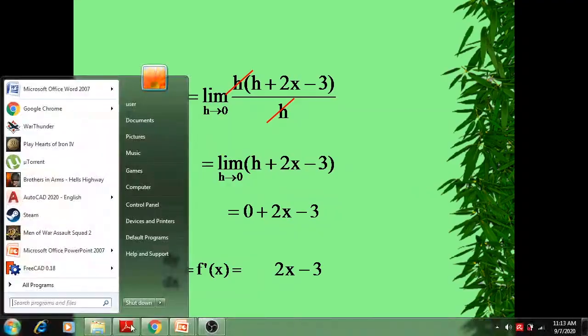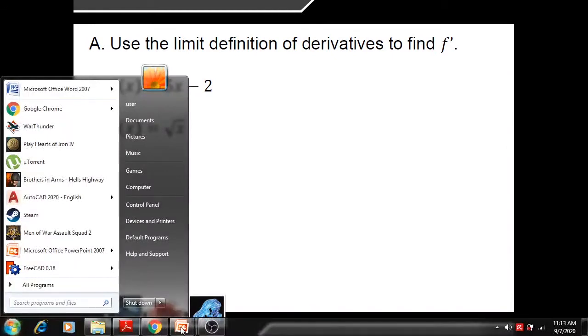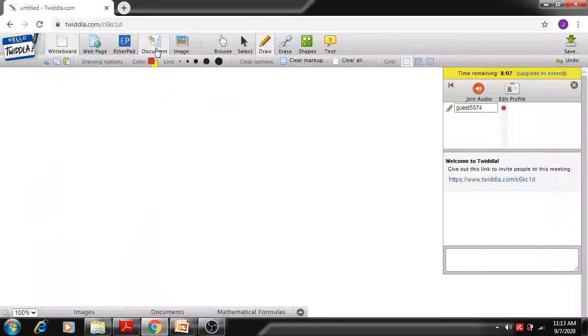Now, let's try it here. f of x equals 5x minus 2. Forgive my bad penmanship. I don't have a stylus or anything.